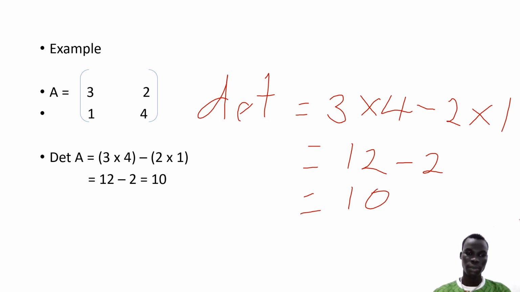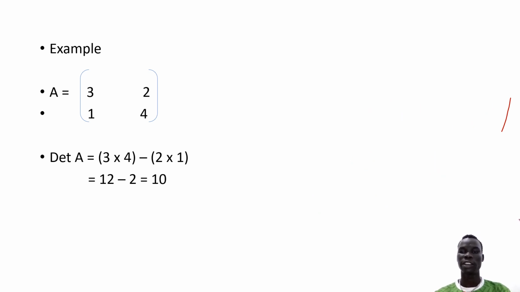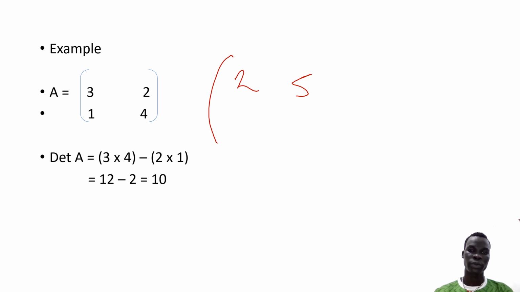And also, we can try another example of a 2 by 2 matrix, which can help you understand more. Let's create another matrix. Let's put 2, then 5, then 1, then 6.